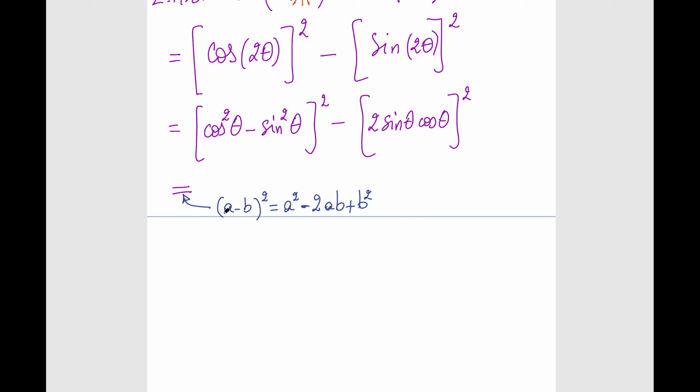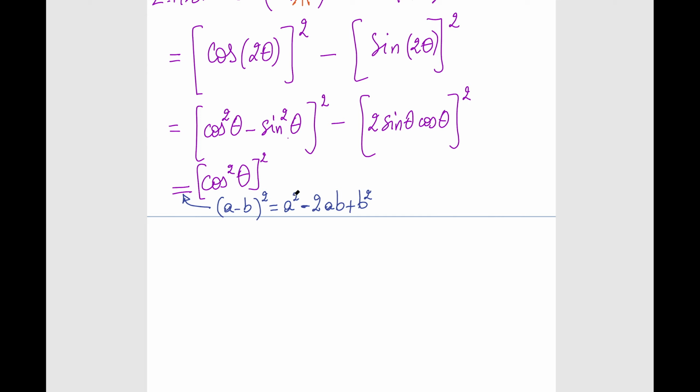Who's gonna take the role of a? It's the cosine squared. And who's taking the role of b? It's the sine squared. So here it becomes cosine to power 4, right? All right, let's do it in steps. This is cosine squared of theta to power 2, correct? Because a is cosine squared and b is sine squared.